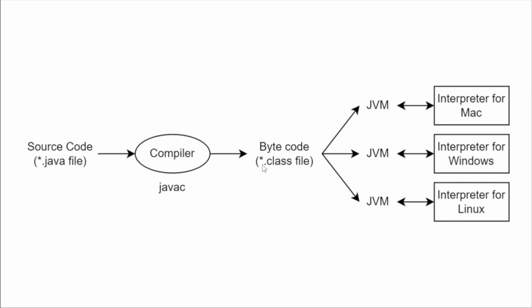This .class file will be interpreted by your JVM to run on different platforms. So it's not actually your machine that runs the Java code. It's the JVM running in your machine that runs the Java code or the Java class file.